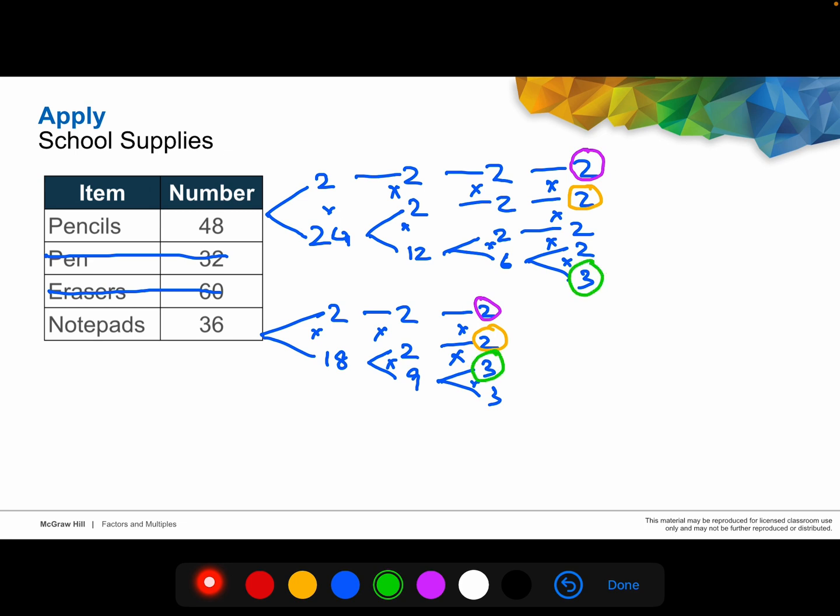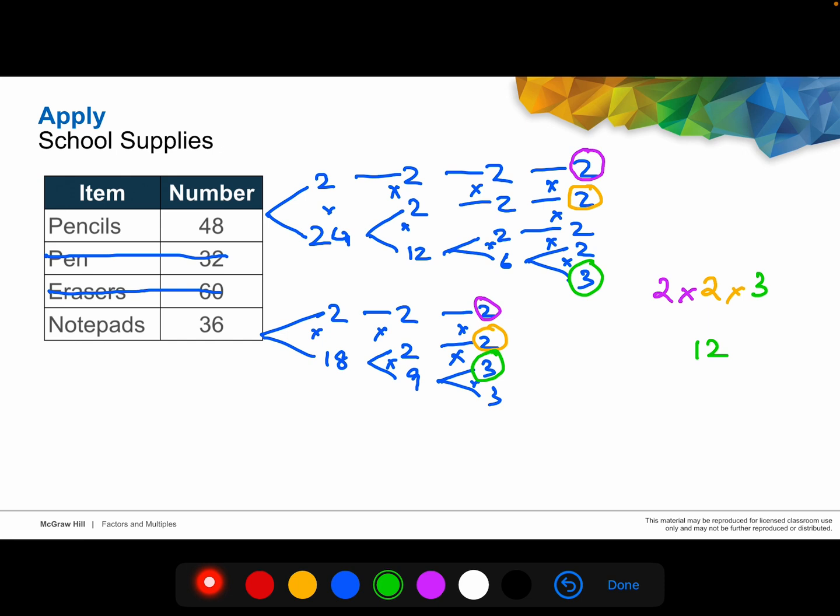Now I do not have any more factors of 3 available on my 48. So this is it, guys. My common factors are 2 times 2 times 3. So that's 4 times 3, 12. That gives me the number of bags that they will be able to make.